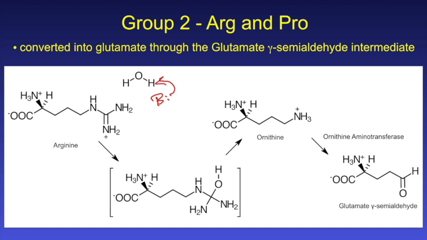If I take the water, deprotonated, I have a hydroxide. And then I'm going to attack. And then this pair of electrons is just going to go onto the nitrogen to make it neutral. Okay. Yes?